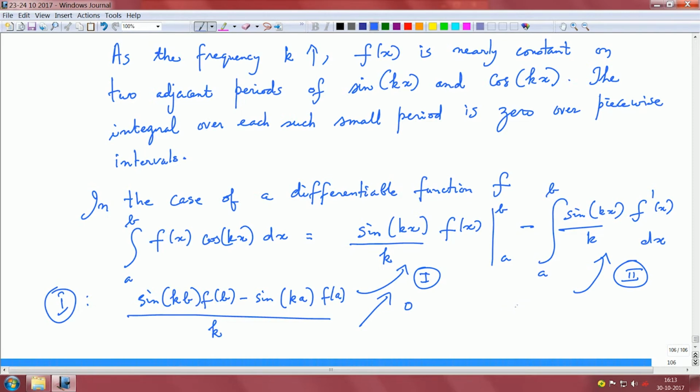In the second part, you have to use the fact that when k goes large, f of b is f of a, and then apply this rule here. It's straightforward. In this part the derivative of this function is 0 because it is a constant function, so this vanishes. So 2 also heads to 0 because f of x is constant when k is really large, because of this observation.